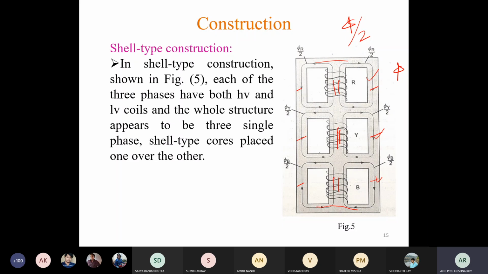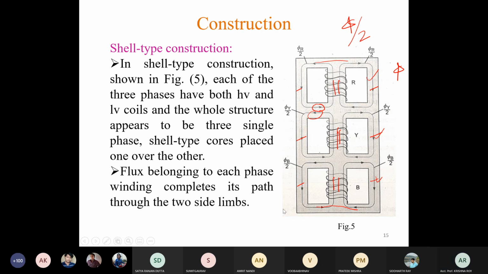Suppose this flux is phi r by 2 and this flux is phi y by 2, though they are opposite in direction, they are not cancelling each other. They are produced by different phases of voltages which are having 120-degree angle between them. So these fluxes are also having 120-degree angle between them. So we have to do this phasor addition, right? Yes, sir. Is it clear?